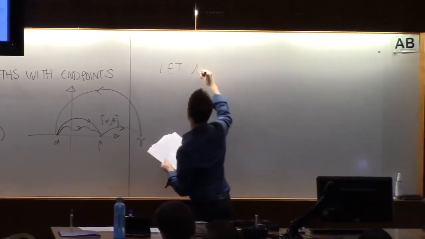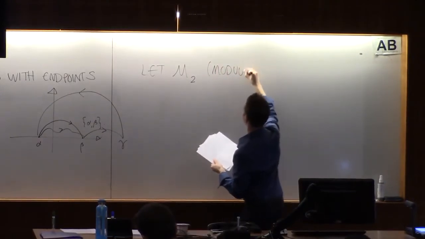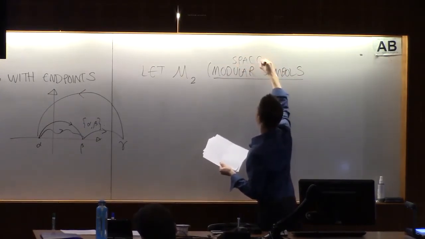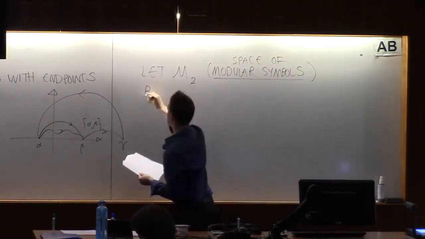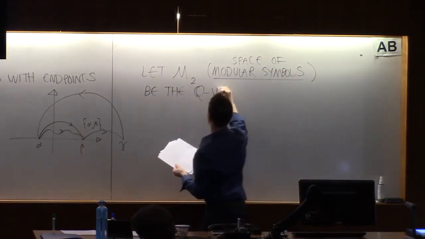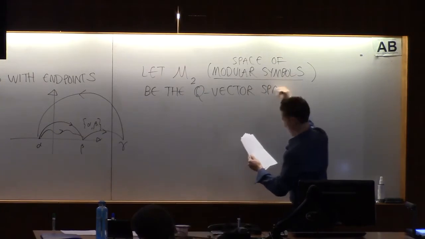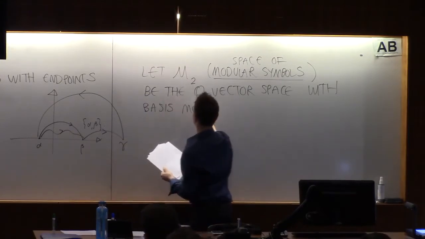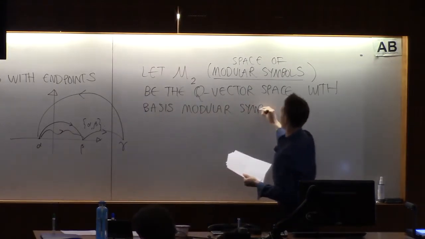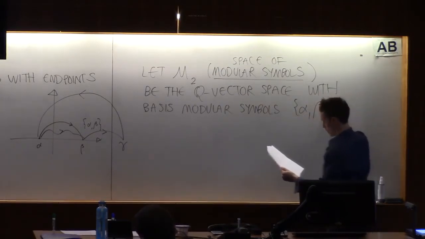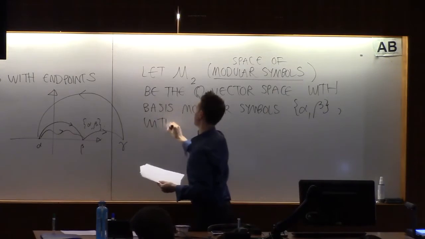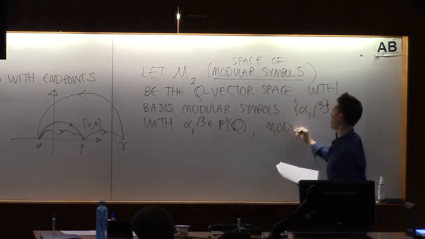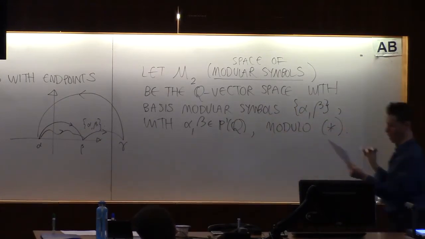So we let M2, this is the space of modular symbols, be the Q vector space with basis the modular symbols {alpha, beta} with alpha, beta in P1(Q), modulo the subspace generated by star.